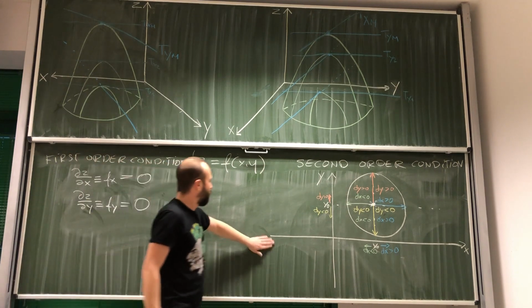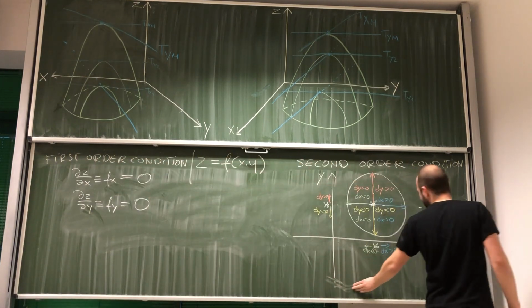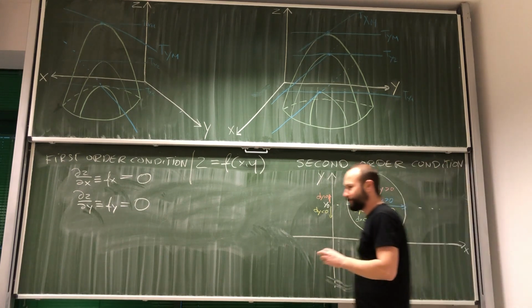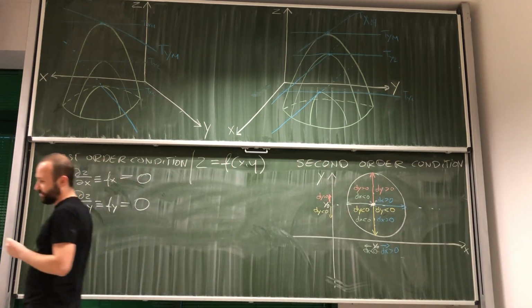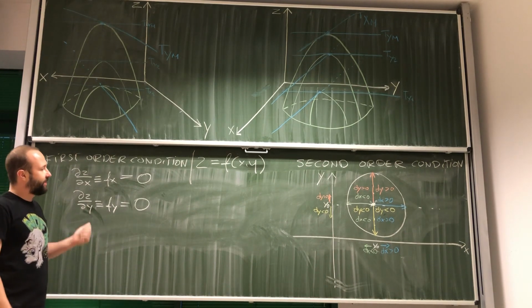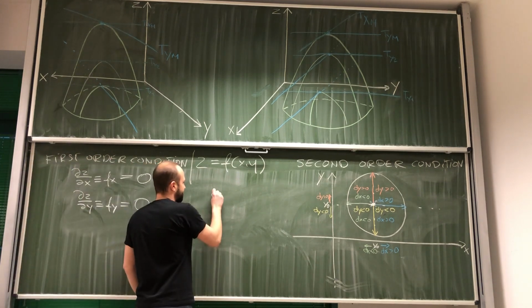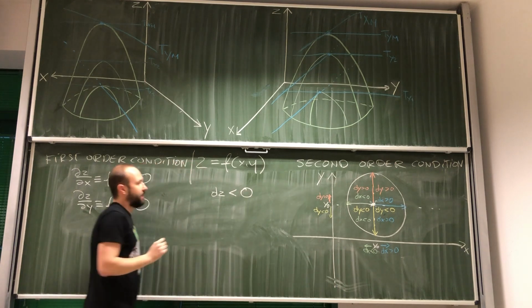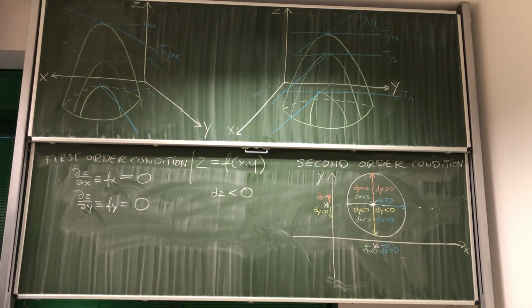So look, we should have a situation when dz is always negative, right?